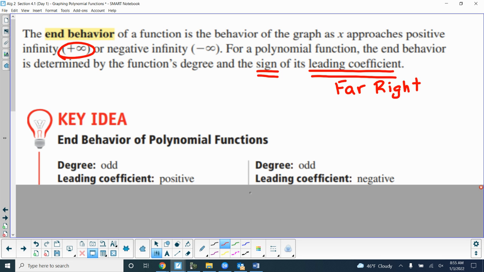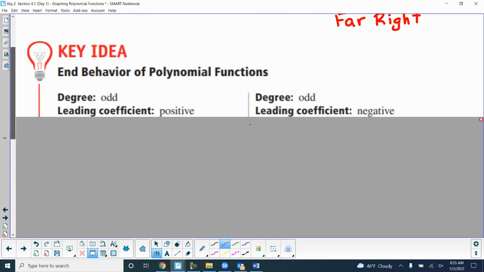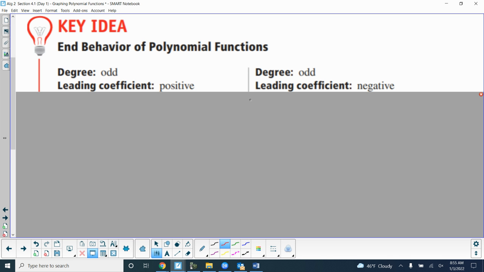All right. So degree is odd. You understand between odd and even numbers, right? So if degree is 1, 3, 5, 7, 9, it's got an odd degree. And if your degree is even, it's got a degree of 2, 4, 6, or 8, an even number. All right, so for leading coefficients positive, what's happening at the right? Far right's going up.